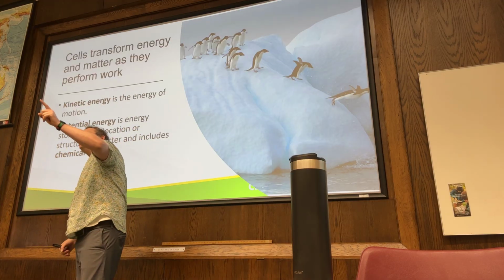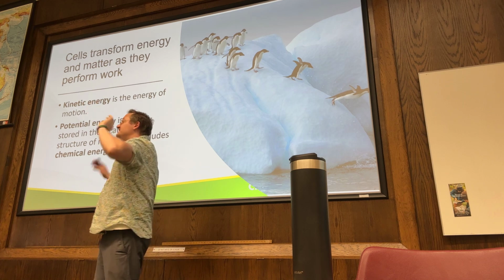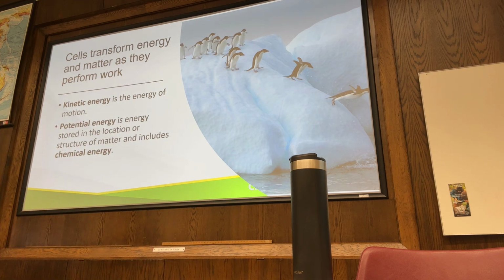But potential energy is also all about the position of things, right? So I invest energy into this water bottle, and I give it more potential energy by making it higher up, right? The position of electrons, the position of atoms in a molecule, these are also examples of potential energy, okay? So, energy stored in the location of or structure of matter.